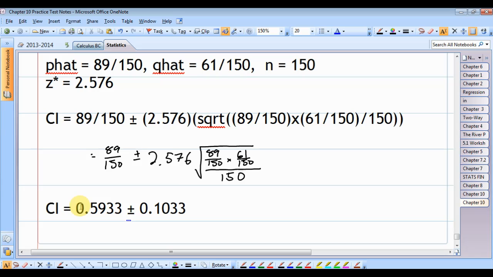But actually, if you look at that, what is this? 0.49 and 0.6966. Look at this confidence interval. That's huge.